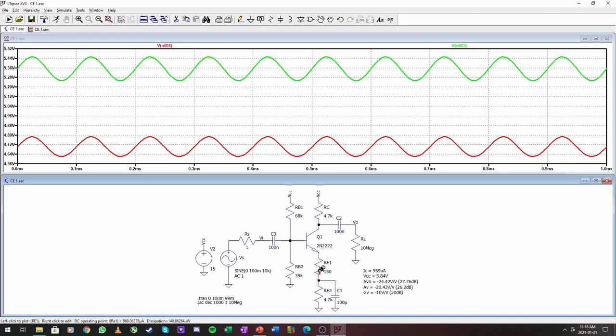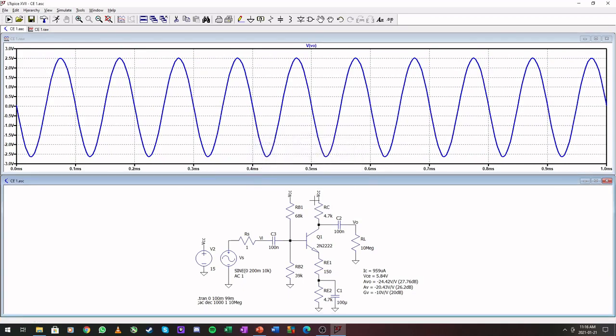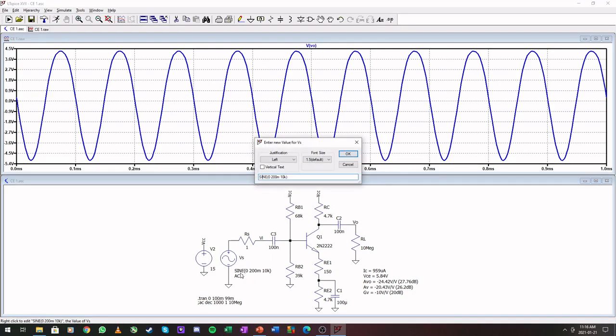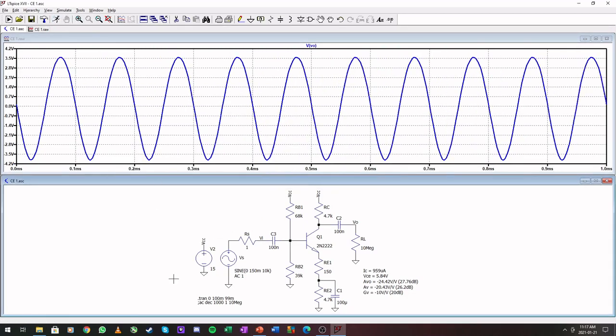A portion of it is going to sit over this emitter resistor right here. So we can increase our input range by adding this emitter resistance right here, and you can see it becomes a bit non-linear here at 200 millivolts. It would probably be more at 150, but in another video I will go over the calculation of that.